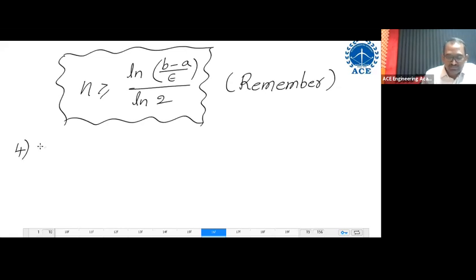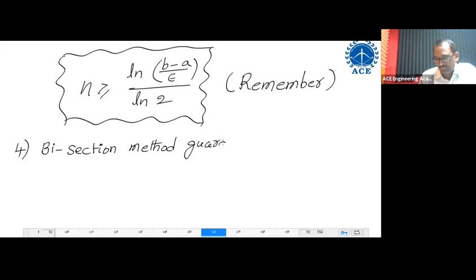So the bisection method guarantees convergence.